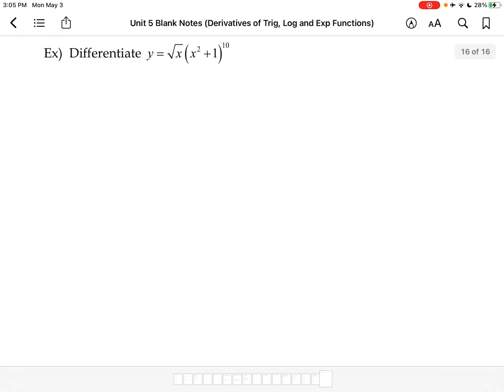Okay, differentiate y equals the square root of x times x squared plus 1 to the 10. Okay, so let's take the ln of both sides.